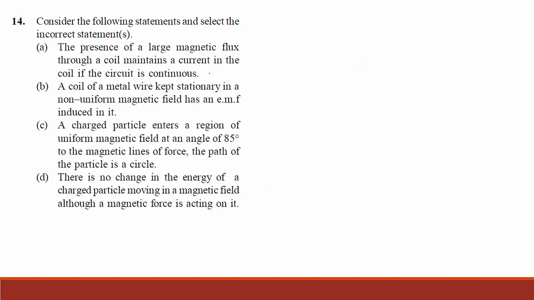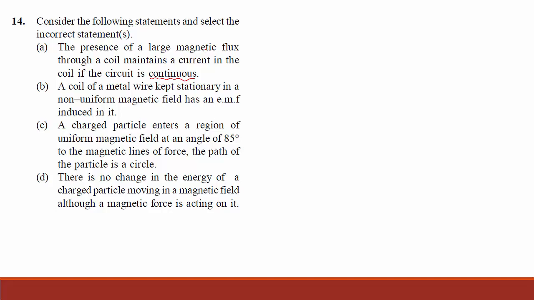Consider the following statements and select the incorrect statement. There are 4 statements given. We have to find which is the incorrect statement. The first statement is, the presence of large magnetic flux through a coil maintains a current in the coil if the circuit is continuous. Yes, it is right, because there is a large magnetic flux.